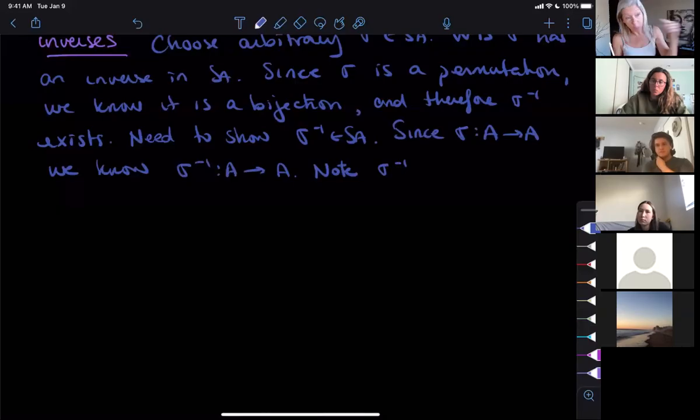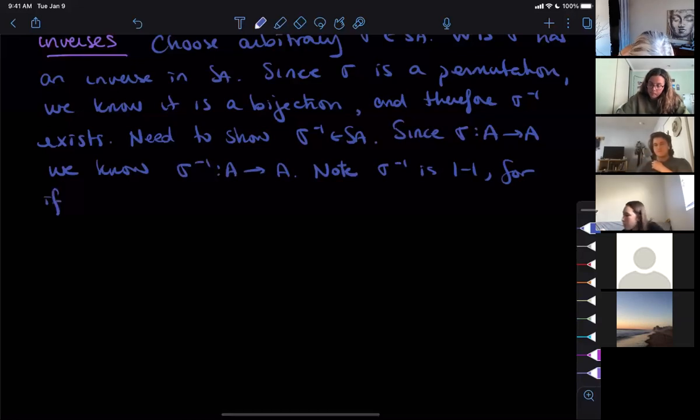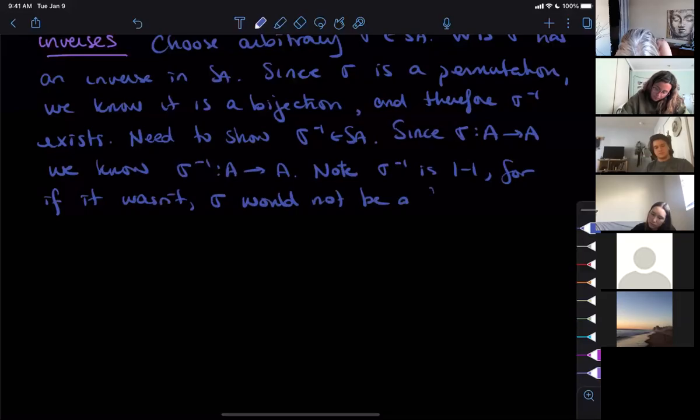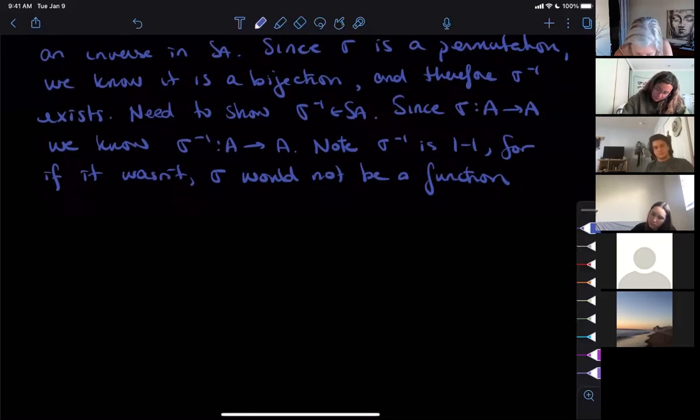That would mean that going forward, sigma would have one thing going to two, and that would violate the definition of being a function. But you're right, it violates something about sigma. So note sigma inverse is one-to-one, because if it wasn't, sigma would not be a function. You might think in terms of the vertical line test, so it wouldn't pass the vertical line test, for example.